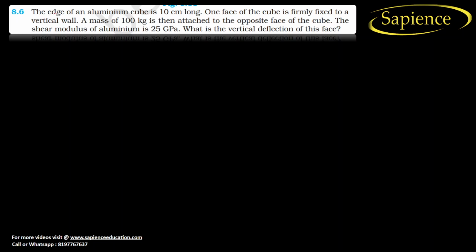Now let us read this question 8.6. The edge of an aluminum cube is 10 centimeter long and one face of the cube is firmly fixed to a vertical wall. So let us draw the diagram.